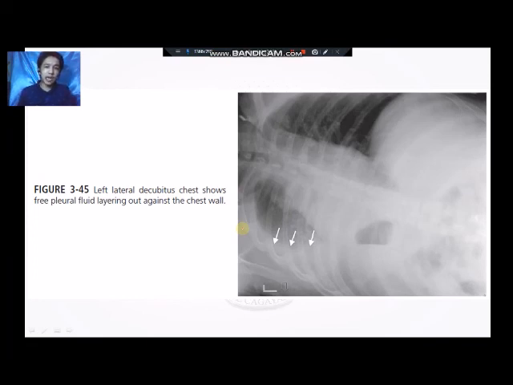Kung ang affected side ni patient is naa sa iyahang left side, so dapat muhigda si patient sa iyahang left side. So for example, in this one, left lateral decubitus chest shows pleural fluid layering out against the chest wall. Okay, so ang affected side ni patient is iyahang left side. So that's why gipahigda pod sad si patient on his left side.